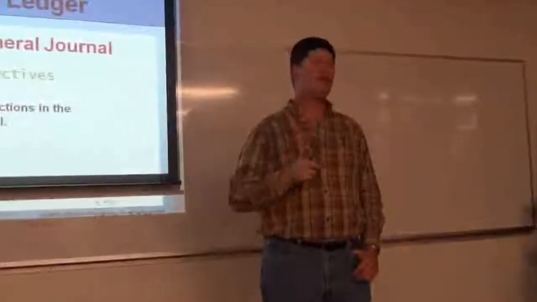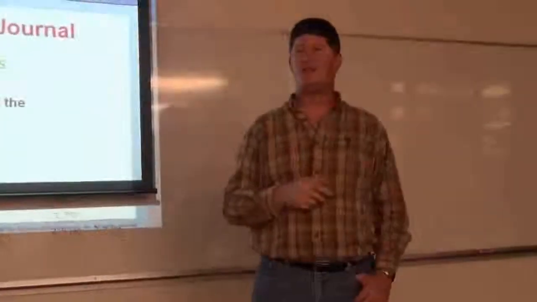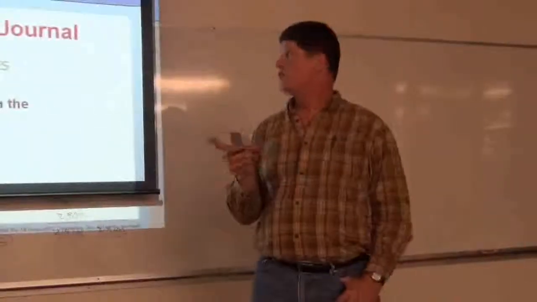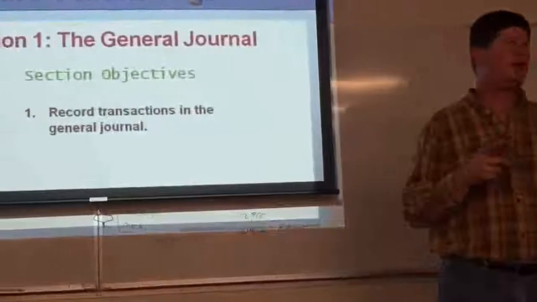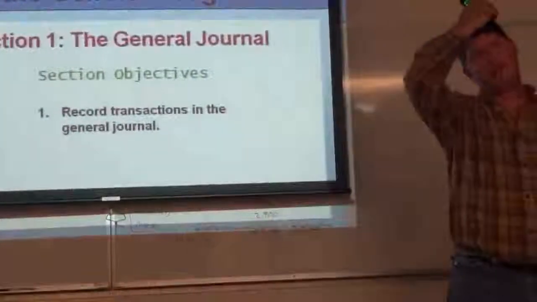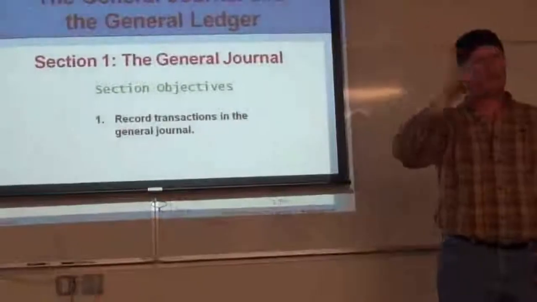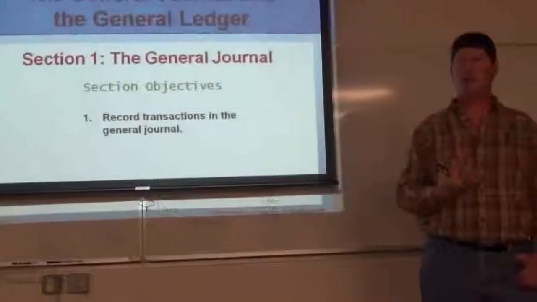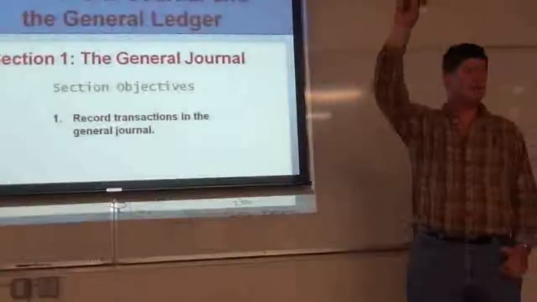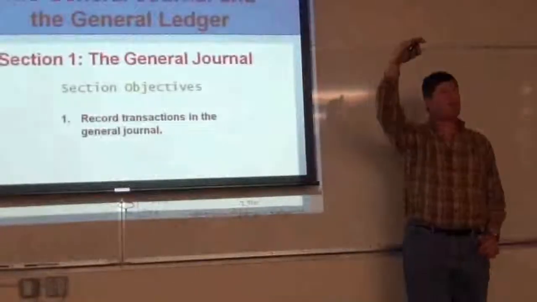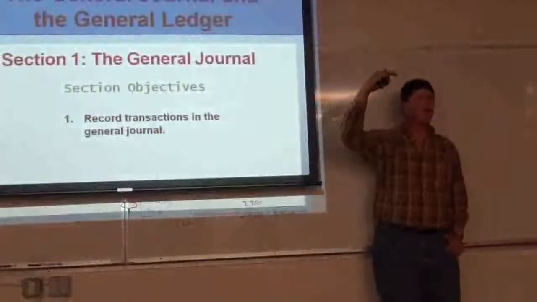The first place that every transaction gets recorded is in the general journal. Everybody here has had an English class where the instructor had you keep a notebook and every day you'd put something in it. It was a journal, right? Anybody done that? So you'd start at the top of the page and you'd work your way down, correct?